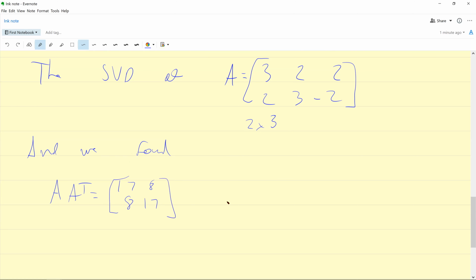And we also computed this really large one, A transpose A, as 13, 12, 2, 12, 13, minus 2, and 2, negative 2, 8.